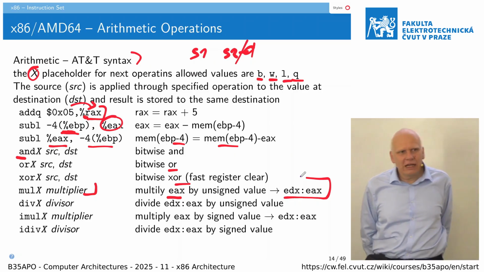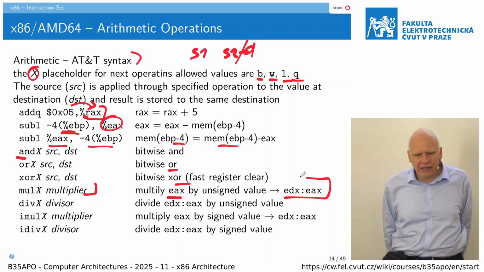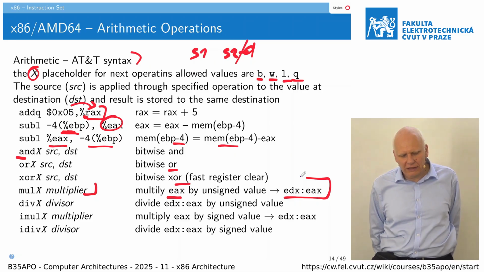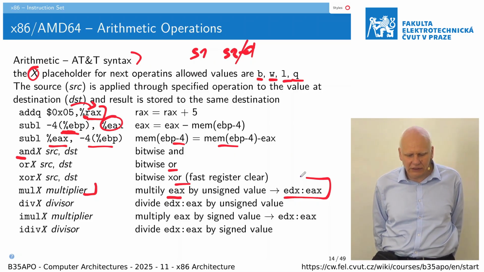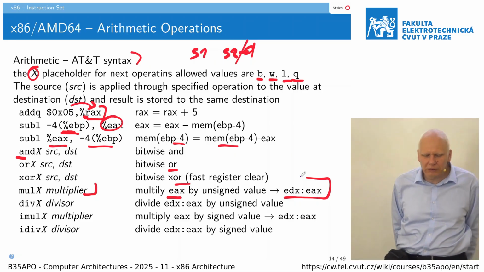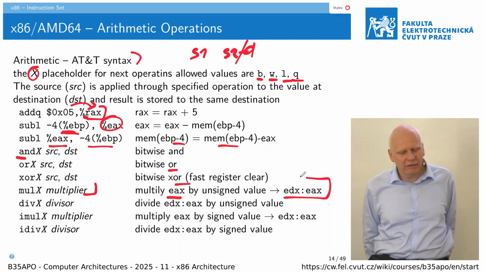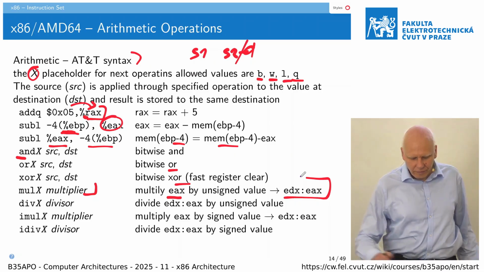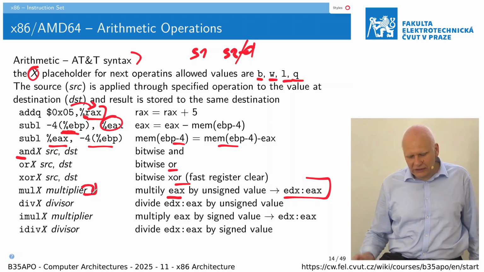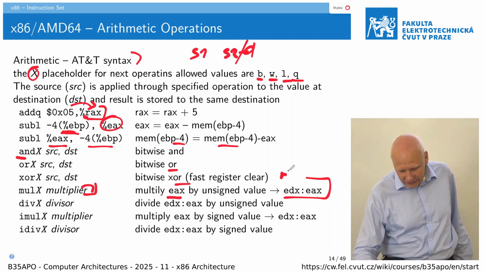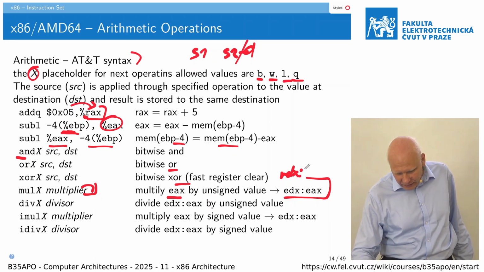Later, there were added even variants which allow to specify the destination in a different register. But if you want, for example, to multiply two 64-bit numbers with a 128-bit result, then you need to use this operation which results in the value in RDX and RAX.